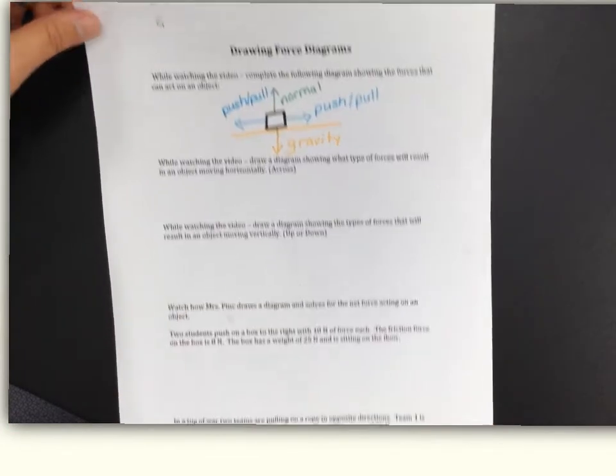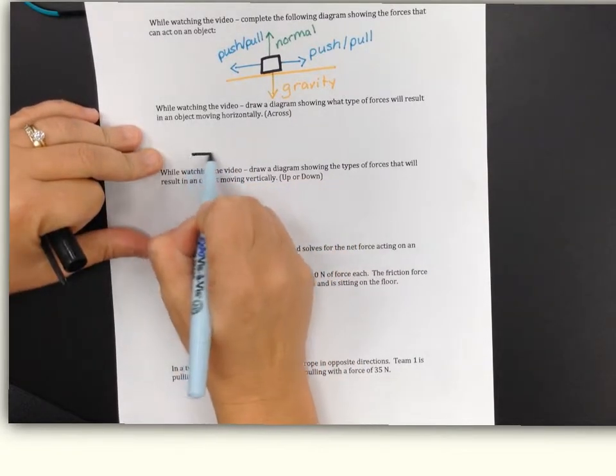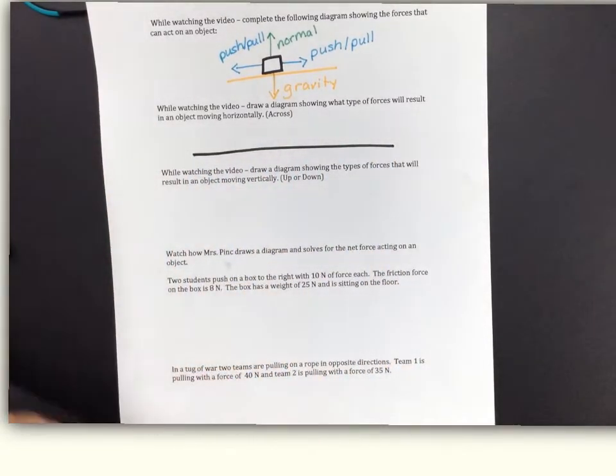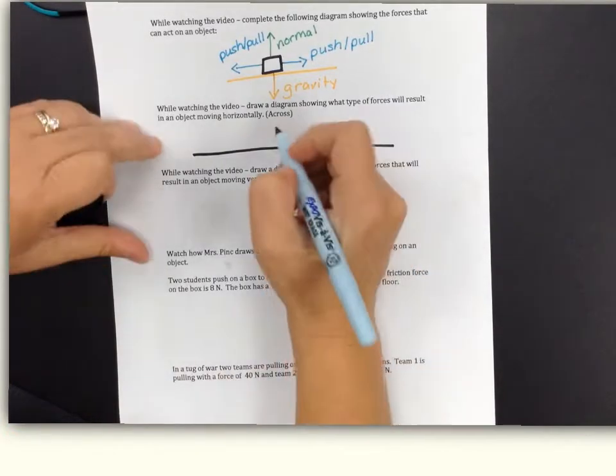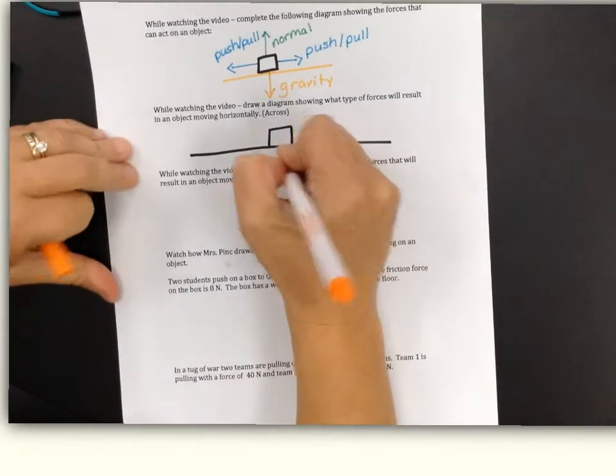Now there are a couple exceptions that come into place depending on if something's moving horizontally or vertically. If an object is on a surface and moving horizontally, we still show it with a box. We will have gravity pushing down.